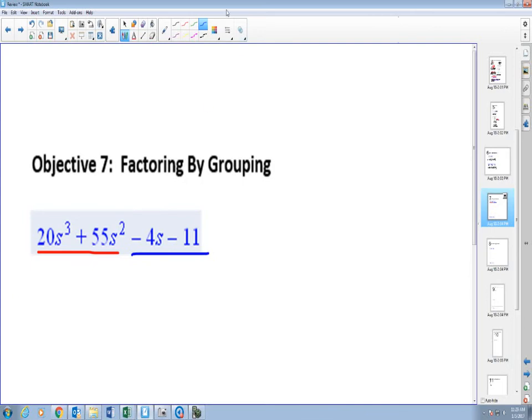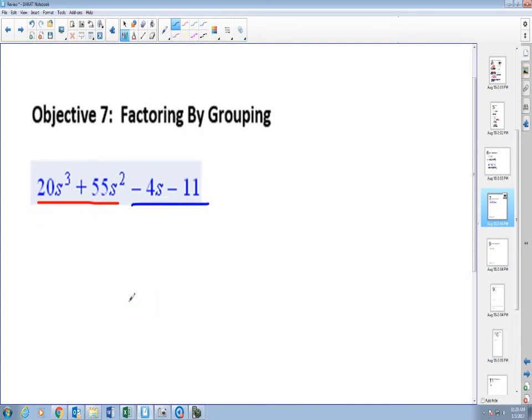From the first 2 terms, I'm going to try to factor out the greatest common factor. Between 20 and 55, I believe I can factor out a 5. Between s to the third and s squared, I'm going to choose the smallest exponent, s squared. So if I factor out 5s squared, that should leave me with 4s plus 11.